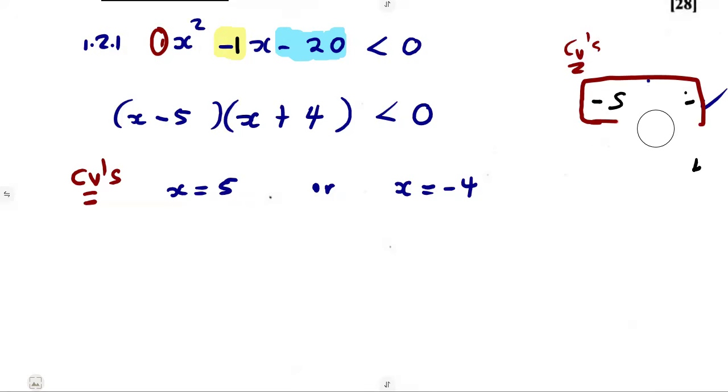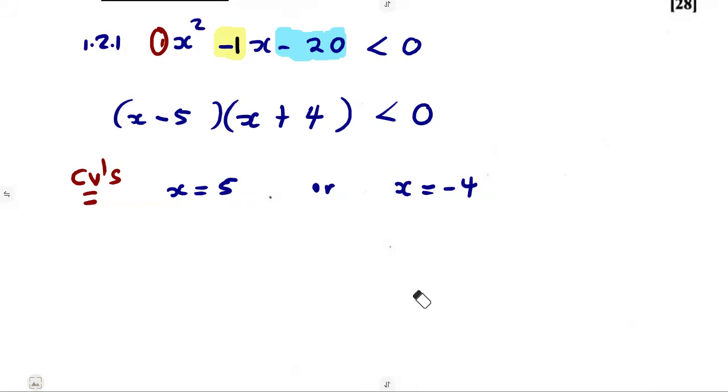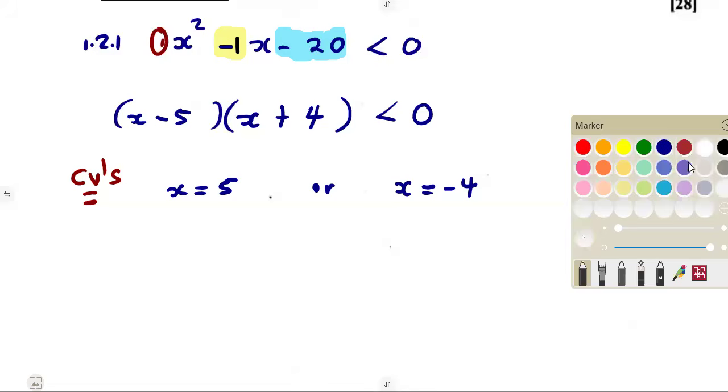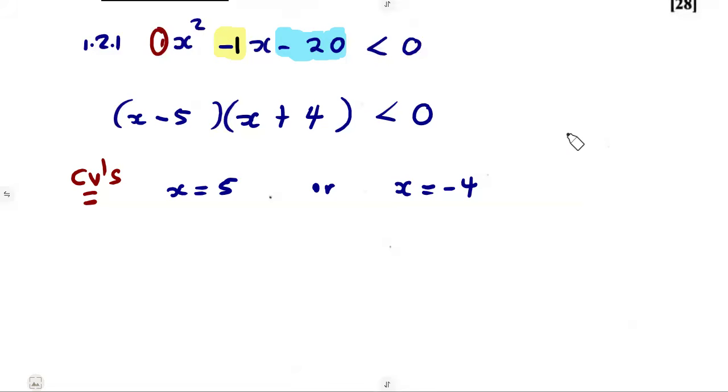Like I said, what we need now is to obtain the exact solutions. That is where your methods now play a role, talking of using the table, the number line, or the graphical method.